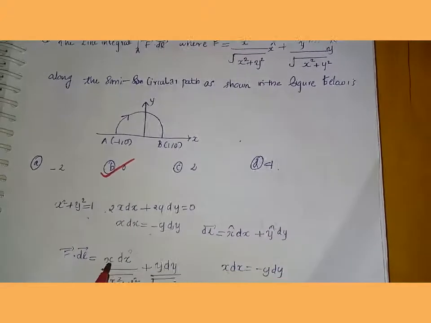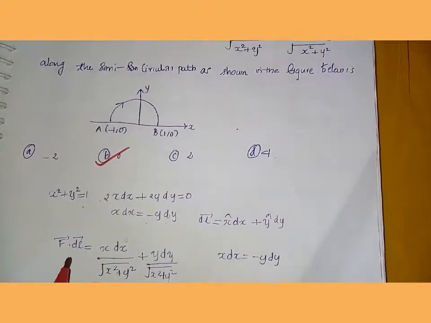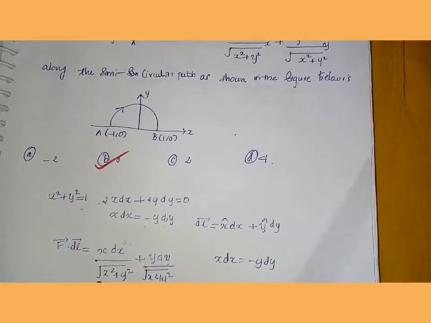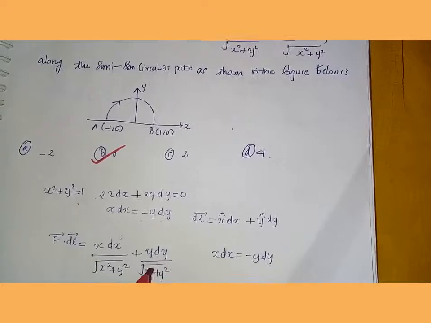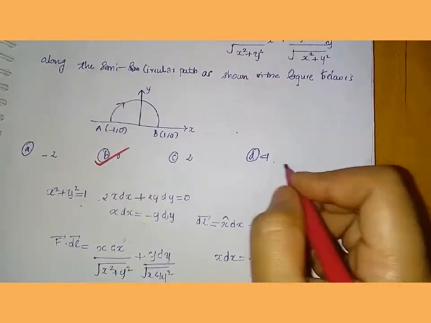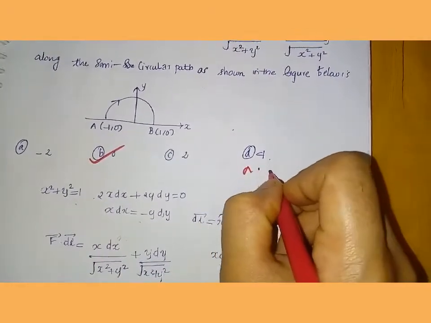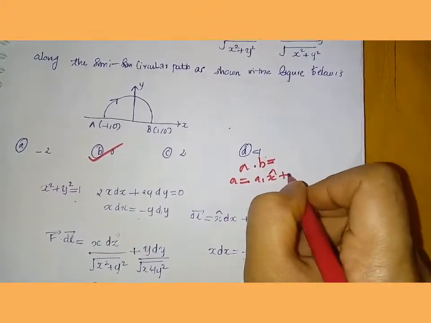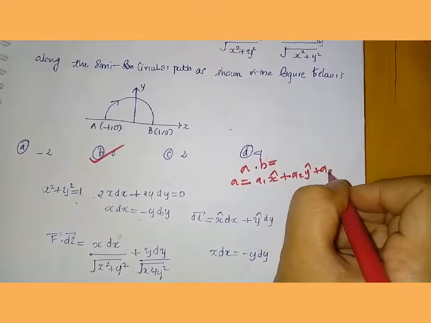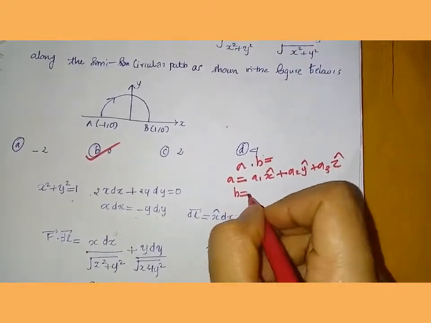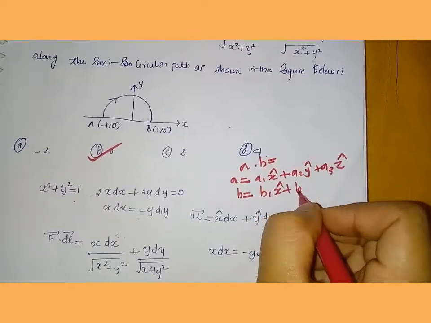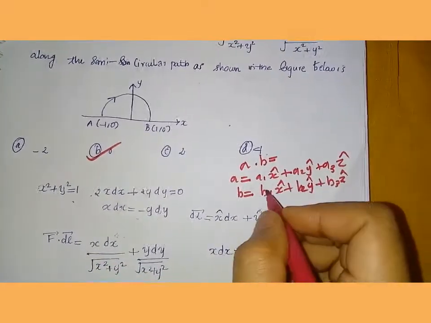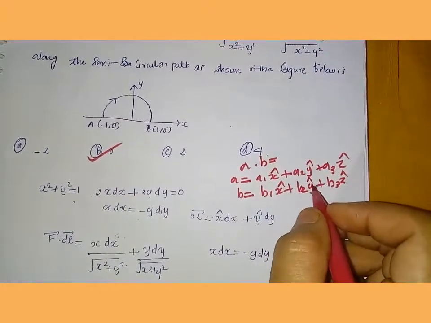Okay. So F dot dl, where F is given in this question, is x dx over √(x² + y²) plus y dy over √(x² + y²), because we know that a dot b, where a is a1 x cap + a2 y cap + a3 z cap and b is b1 x cap + b2 y cap + b3 z cap, is a1 b1 + a2 b2 + a3 b3.